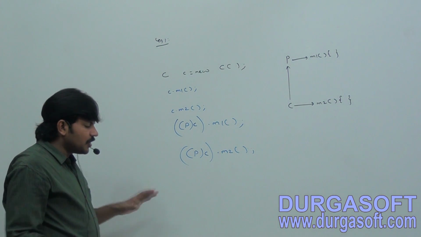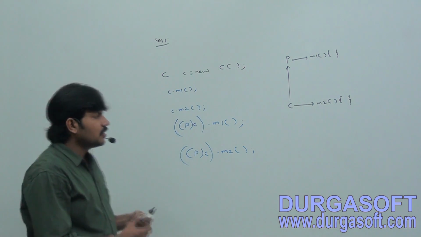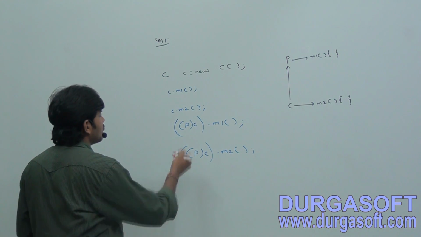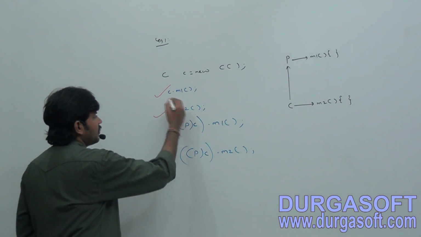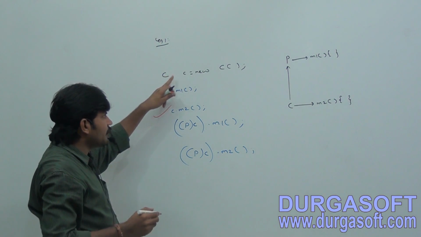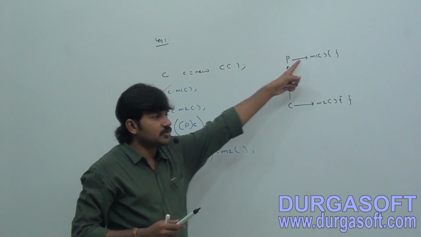Can you tell which of these are valid and which are invalid method calls? First one, valid or not? Perfectly valid. Second one, valid, because on the child reference we can call both parent and child class methods, no problem at all.